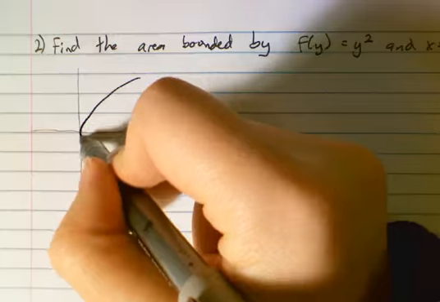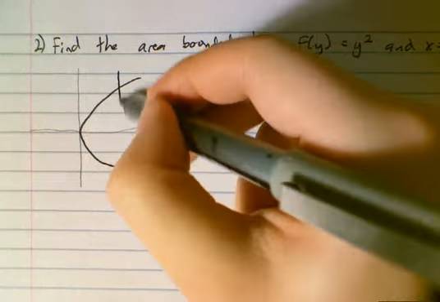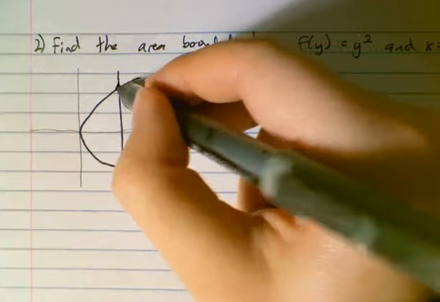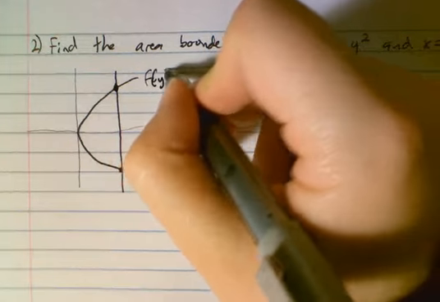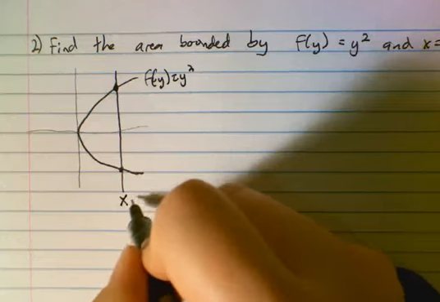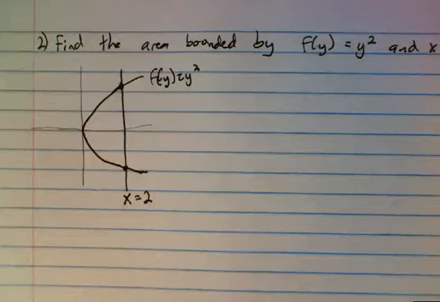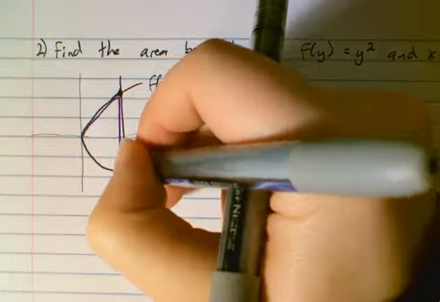So typically you'll just be given them drawn out. So this one is f of y equals y squared, and this is the line x equals 2. So the area bounded by is this one right here.